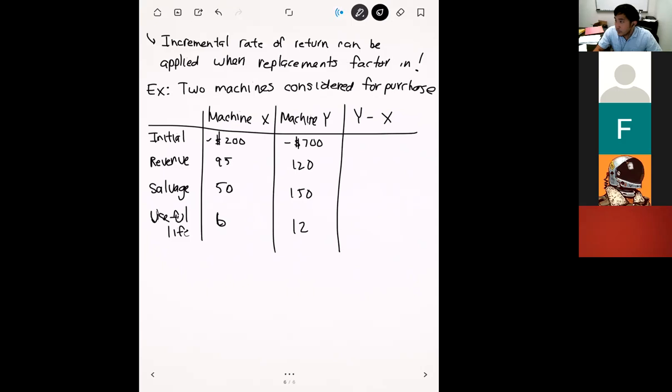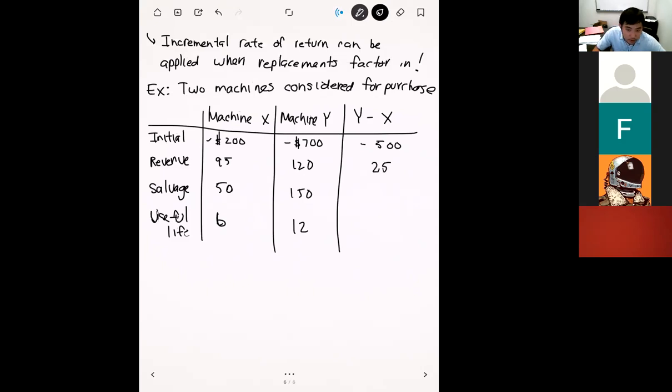All right. And since we're going to be doing a comparison between these two options, we also need their difference. Remember, we always formulate it as the higher cost option minus the lower cost option. In this case, the higher cost one is machine Y because the initial cost for that one is $700. So we're going to do minus 700 minus a negative 200, and that's going to be minus $500.